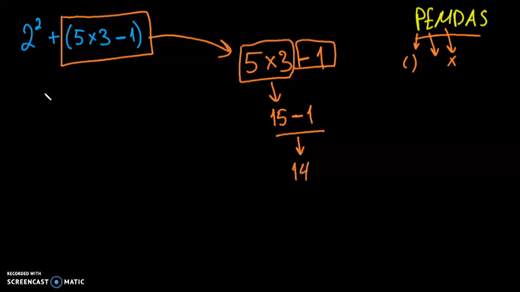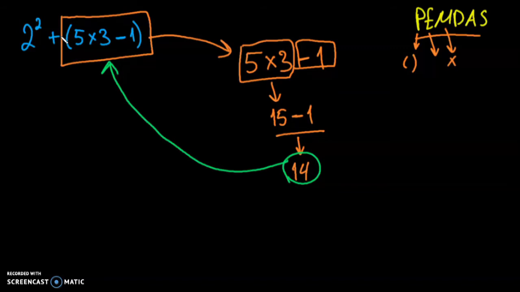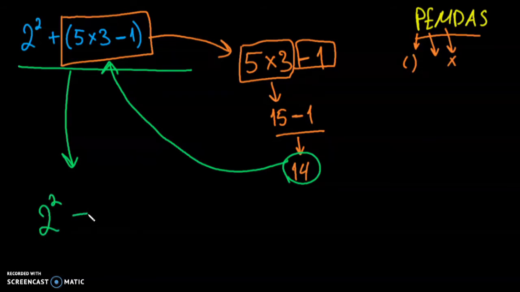But we're not done. This 14 is replaced by this box. So we rewrite the whole thing. We have 2 to the power of 2 plus 14. Now 2 to the power of 2 just means 2 times 2.